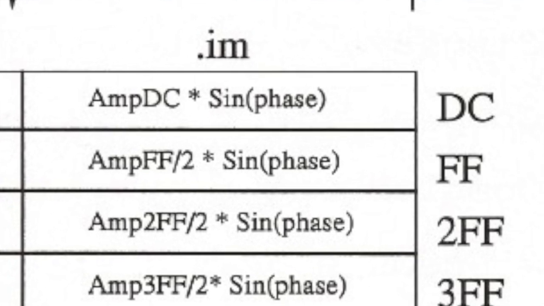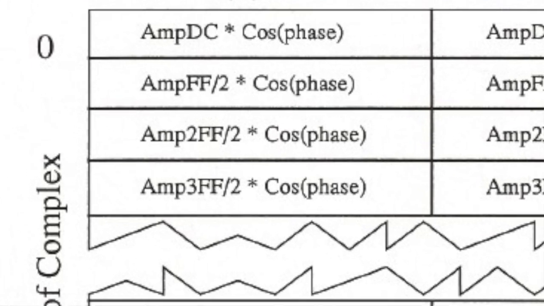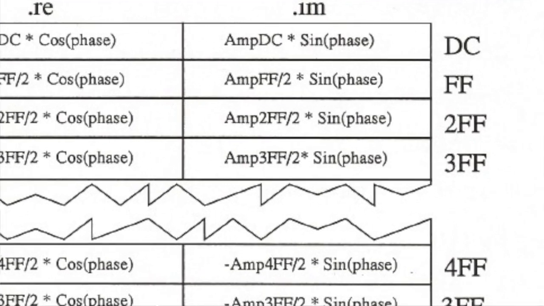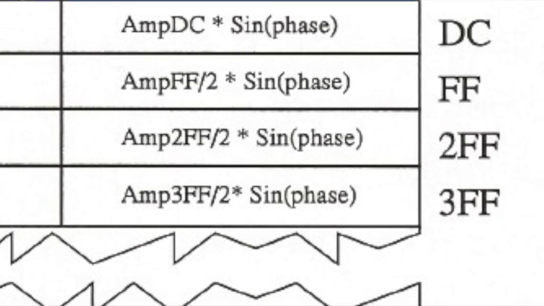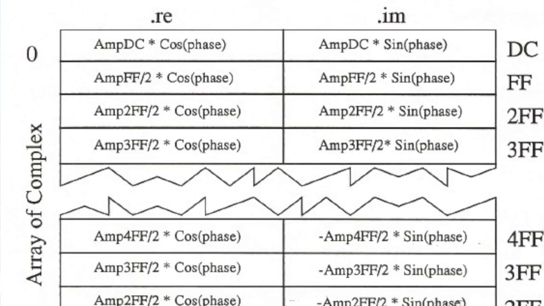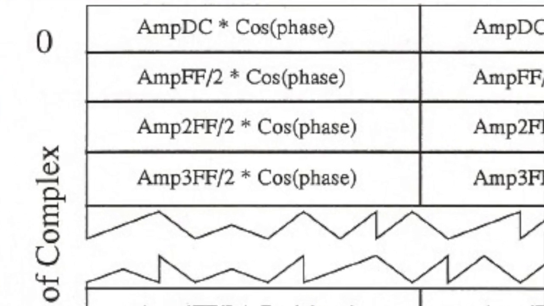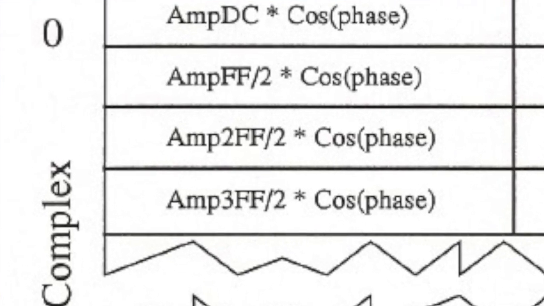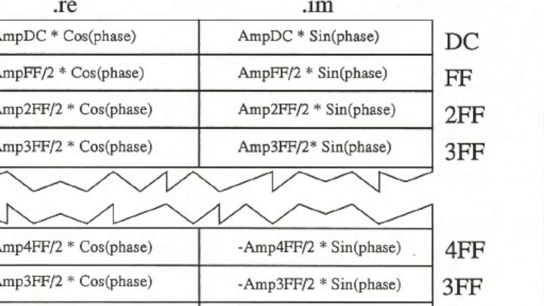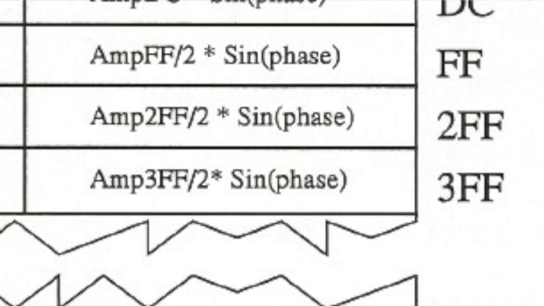So then for the next element, the amplitude of the Fourier frequency divided by 2 times the cosine of the phase for the real, and amplitude of the Fourier frequency divided by 2 times the sine of the phase. And then for 2 times the Fourier frequency, has to be the amplitude of 2 times the Fourier frequency divided by 2 times the cosine of the phase, and for the imaginary, it's amplitude of 2 times the Fourier frequency divided by 2 times the sine of the phase, and so on, so on.